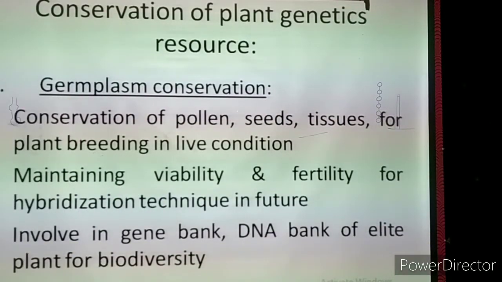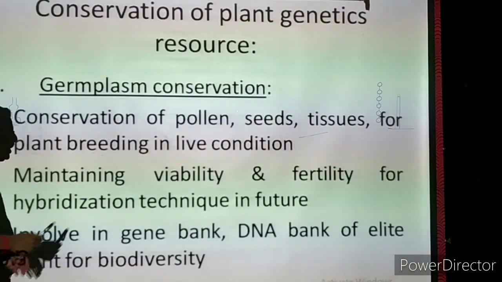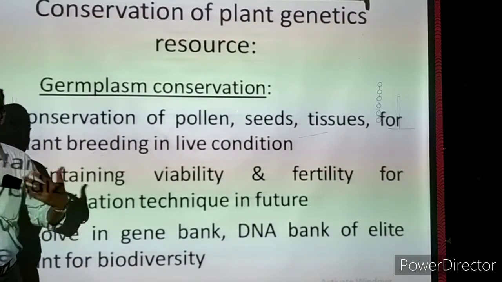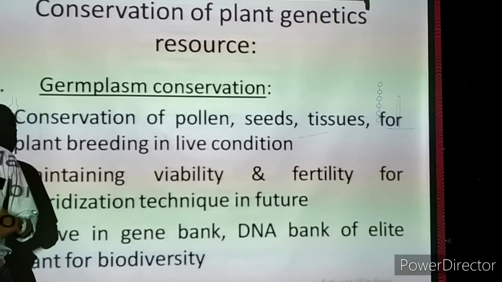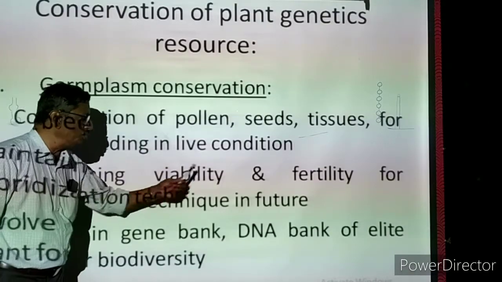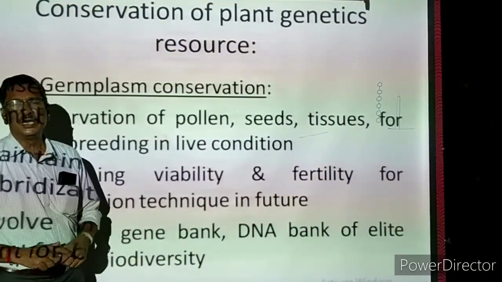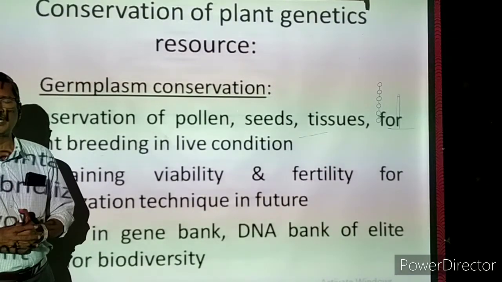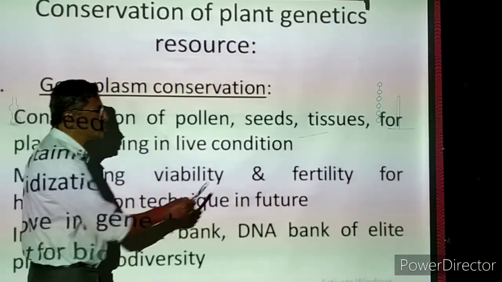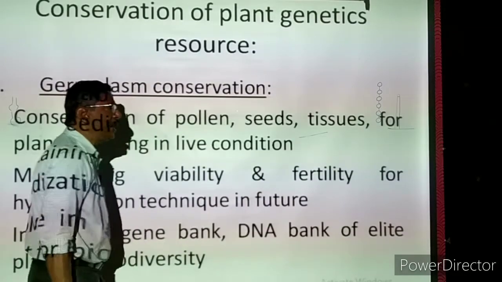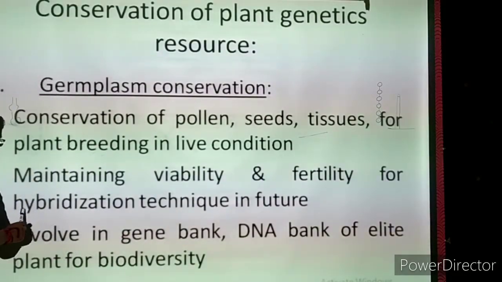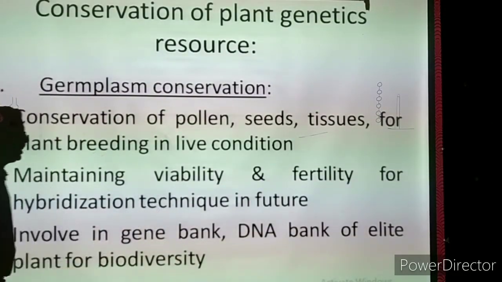Viability means the ability of growing, a viable life activity: how well the plant is growing and how healthy it is. And fertility: the reproductive structures are very strong, so the reproduction capacity is very high. That is called fertility, for hybridization technique in future.